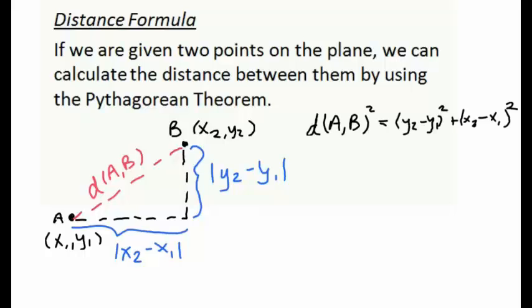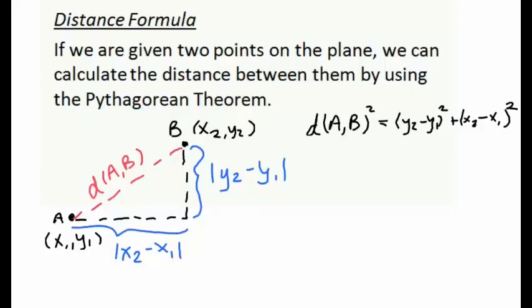Once we know these two distances, we can now apply the Pythagorean Theorem. We have that the hypotenuse, which is what we call d(A,B) squared, must be equal to the sum of the first leg, y2 minus y1 squared, plus the square of our second leg, which is x2 minus x1 squared.